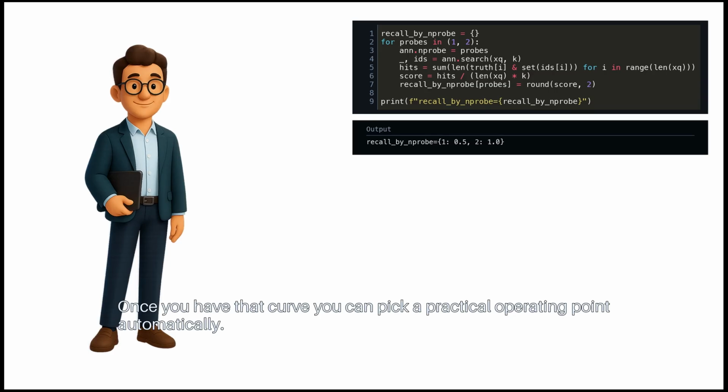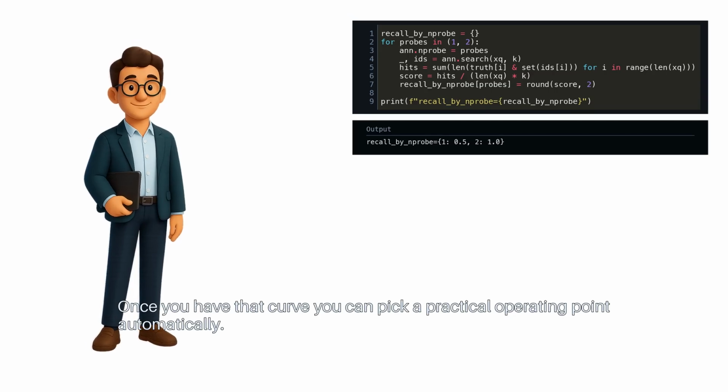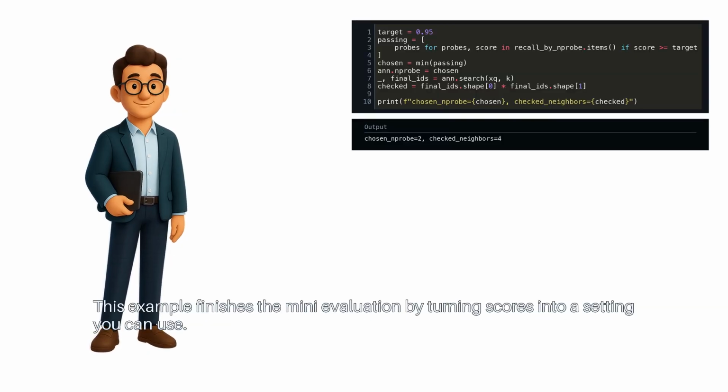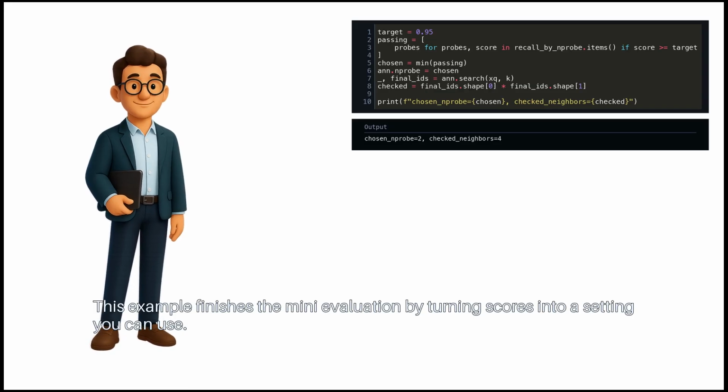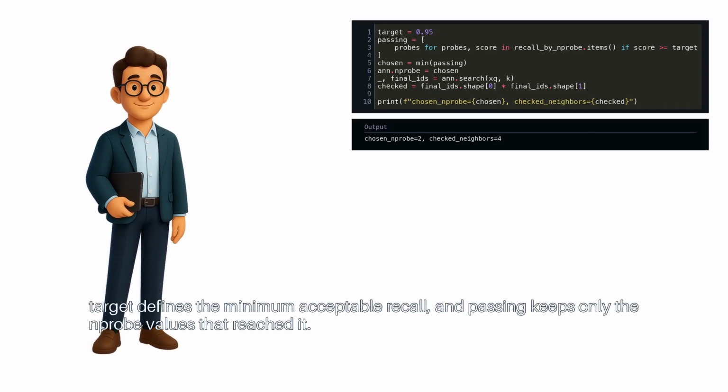Once you have that curve, you can pick a practical operating point automatically. This example finishes the mini evaluation by turning scores into a setting you can use. Target defines the minimum acceptable recall, and passing keeps only the nprobe values that reached it.